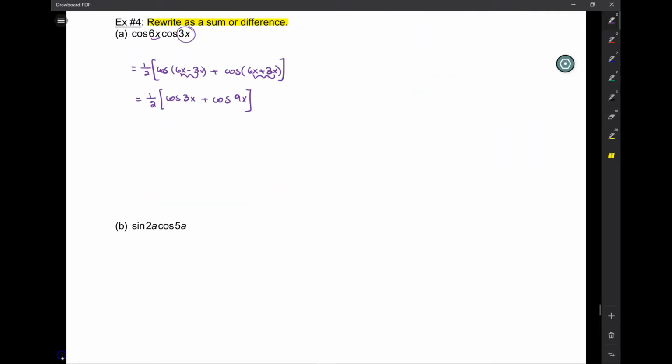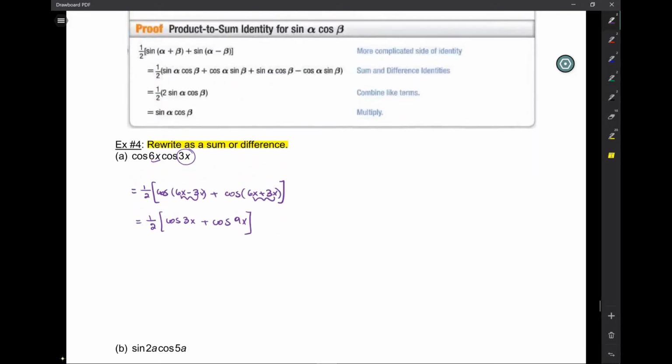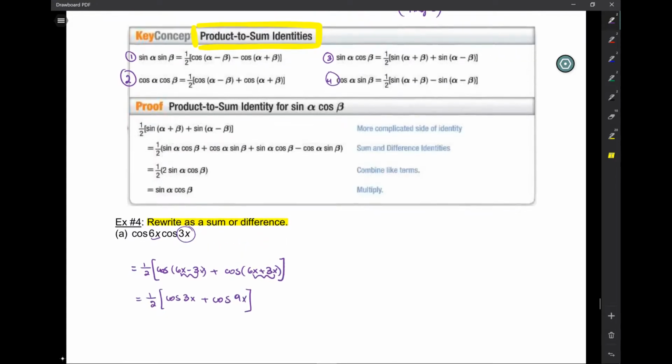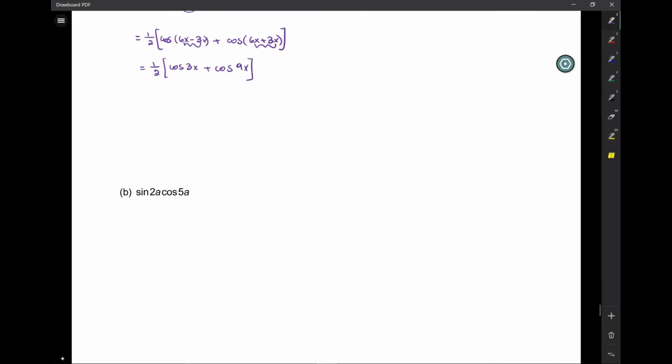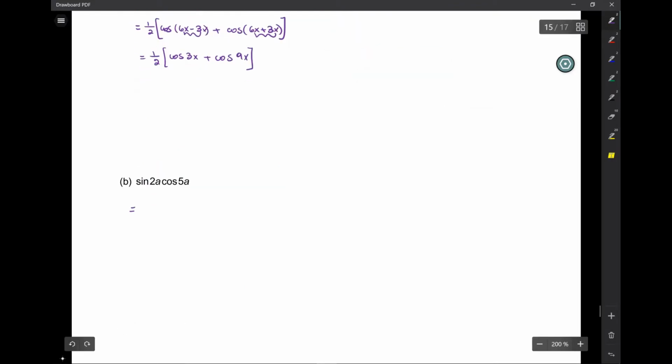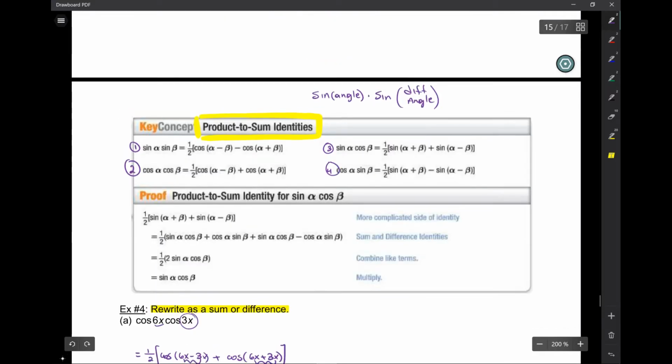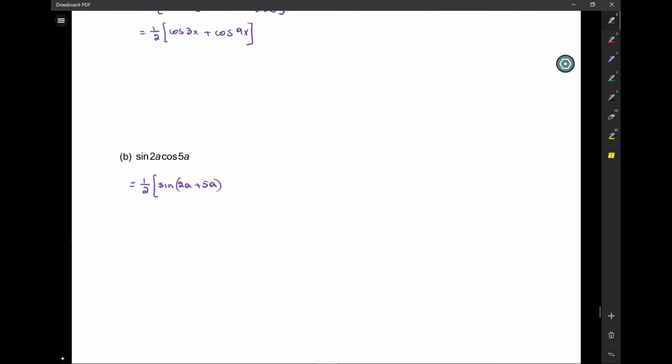This one, you have sine times cosine. So that's going to be number 3. It's going to be half of sine of the sum, right? And plus sine of the difference.